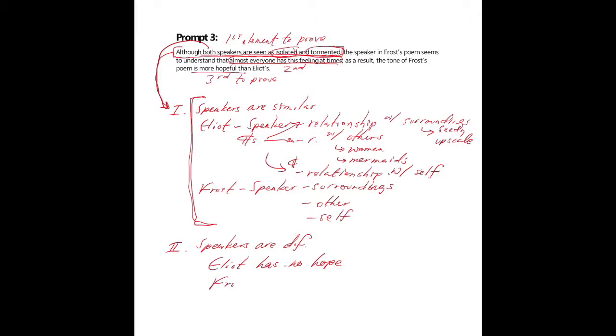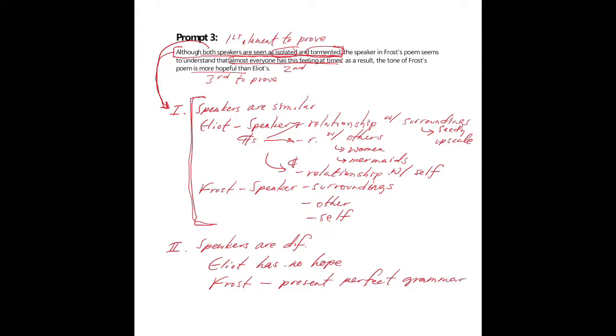But then we have Frost, and for Frost, one thing I'm going to look at, if you watched that video that I sent about Frost, is the present perfect grammar.